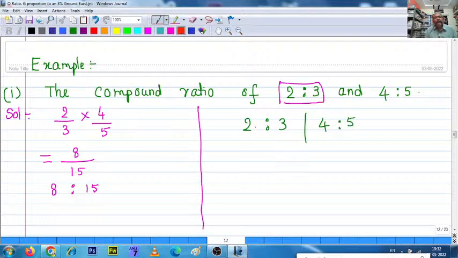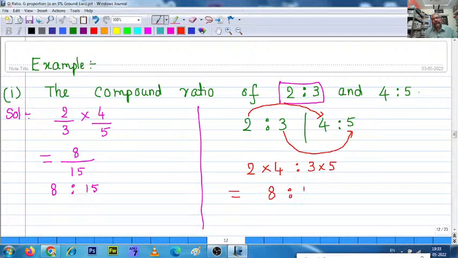So you need to multiply the first terms and multiply the second terms, so that we get 2 into 4 is to 3 into 5. So what do you get as your answer? Yes, you are correct. That is 8 is to 15. You check, both options are the same. Both are correct. So now you are able to find the compound ratio of the given two ratios. Even you can find the compound ratio of three ratios, more than three ratios also.